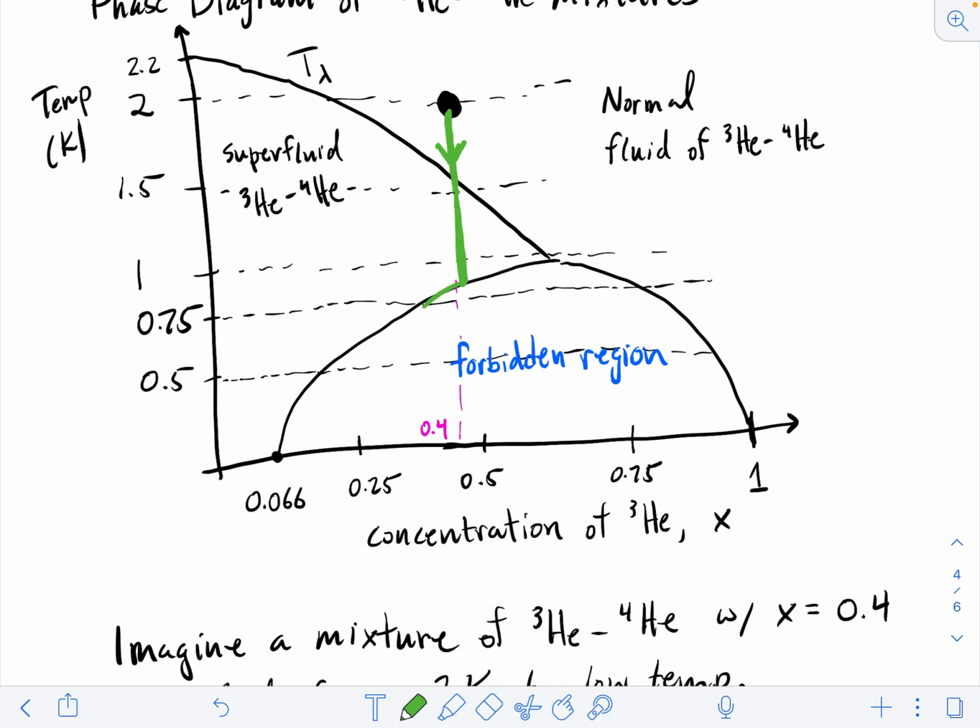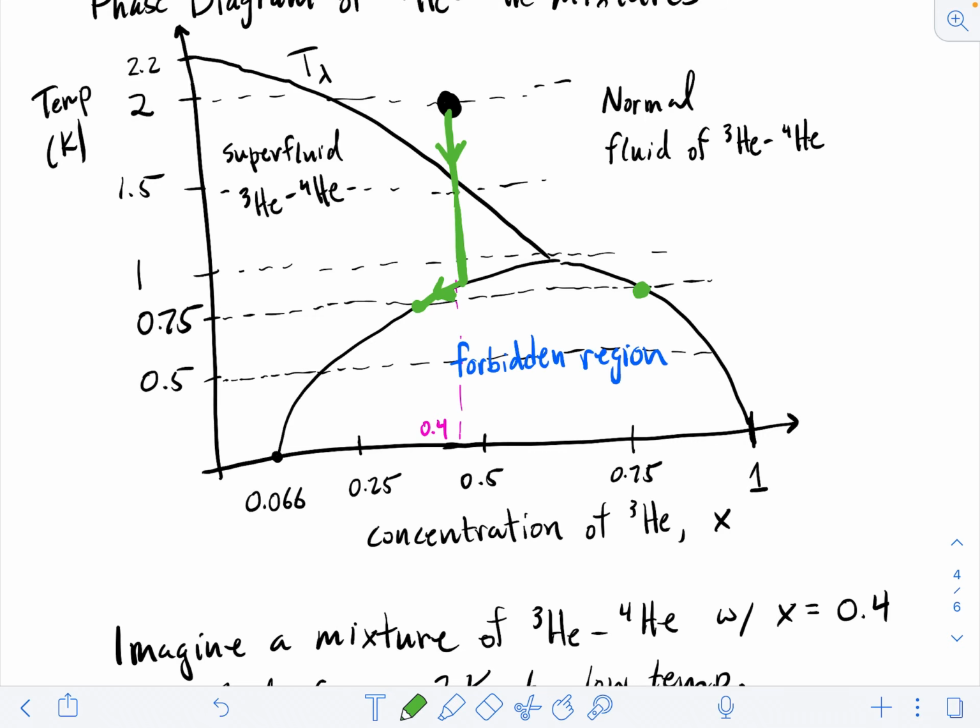And so if we go to something like 3/4 of a Kelvin, we reach a point over here, and then we reach a point that is over here as well. And so in fact, we follow the line that defines this dome.